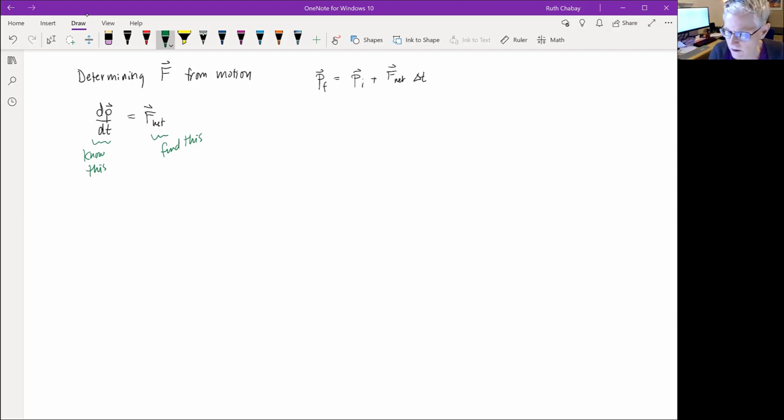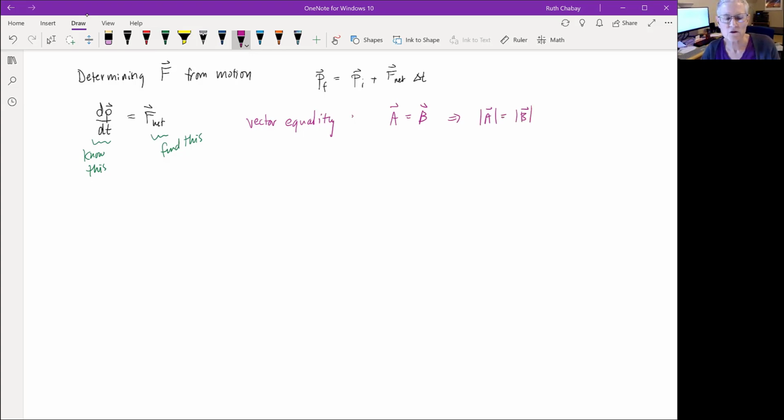Now, a really important piece of this equation is the vector equality piece of it. Let me remind you, it's something you might not have thought about for a while, but if a vector A is equal to a vector B, or a vector dp/dt is equal to a vector F net, that means that the magnitude of these vectors is the same.